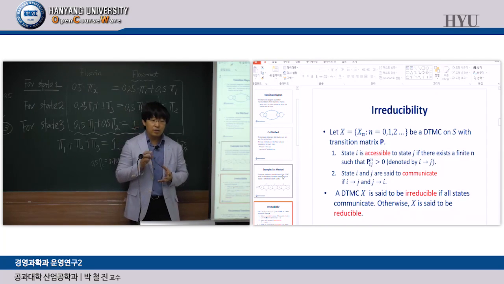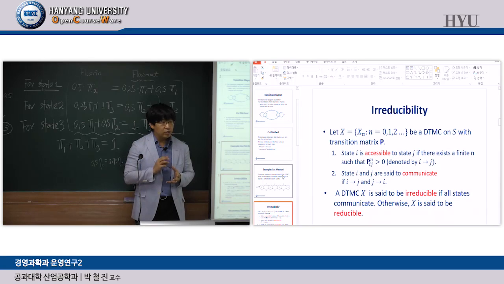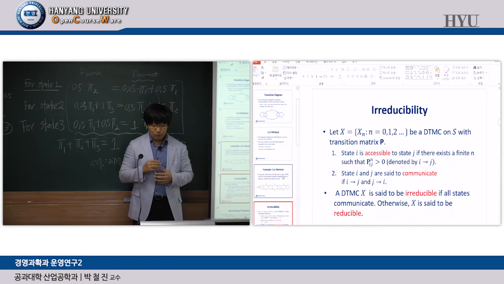Irreducibility. Before we discuss irreducibility, we need to understand the meaning of the words accessible and communicate.